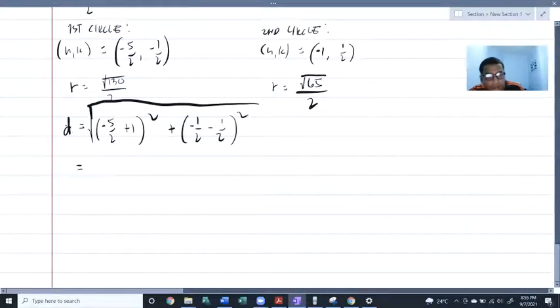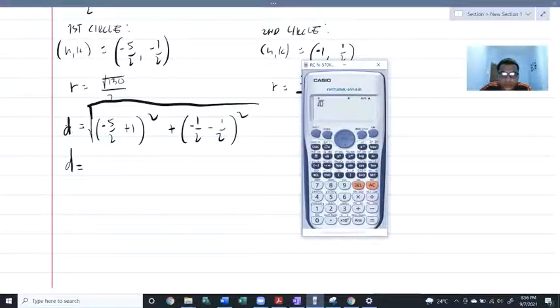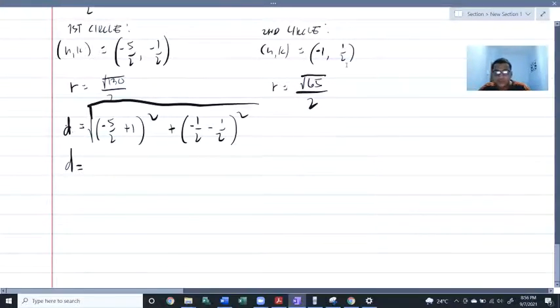Okay, so what will be our distance? Our distance will be equal to the square root of -5 plus 1 squared plus -1 squared, over 2.